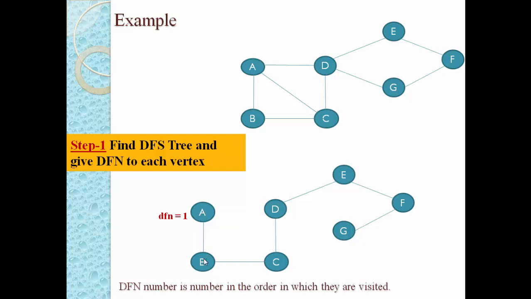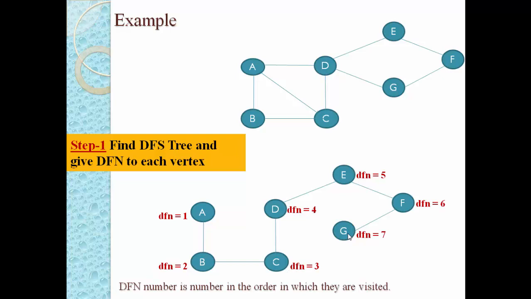Then we visited B, so the DFN of B is 2. Then C, so the DFN of C is 3. In the same way, D has DFN 4, E has DFN 5, F has DFN 6, and G has DFN 7.